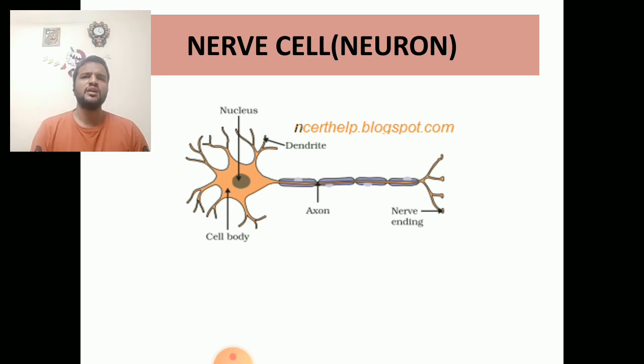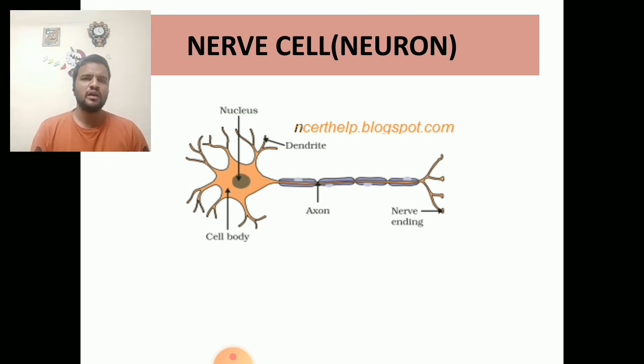A neuron has a cell body and an axon. The cell body is branched into dendrites, and has dense cytoplasm with a centrally placed nucleus. The axon is the elongated part of the neuron which is covered by myelin sheath, and the axon branches into nerve endings.